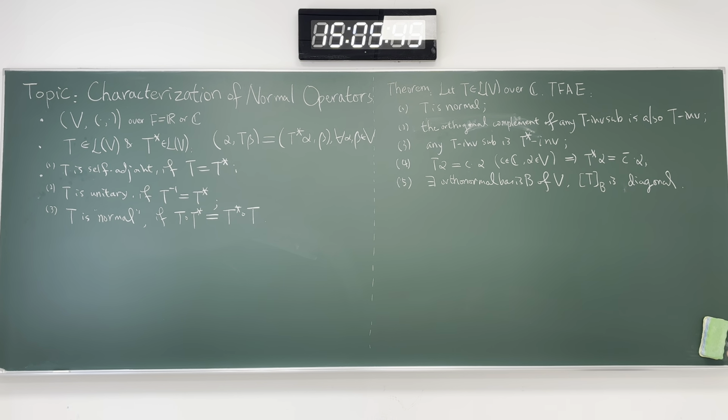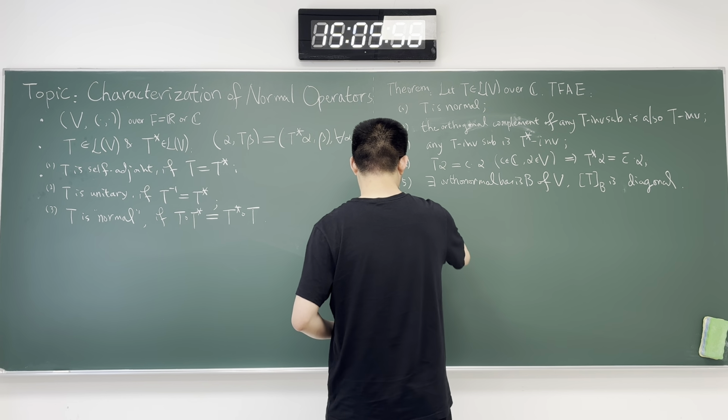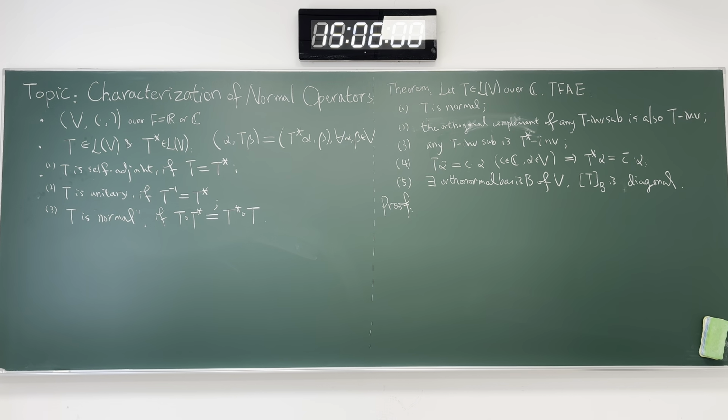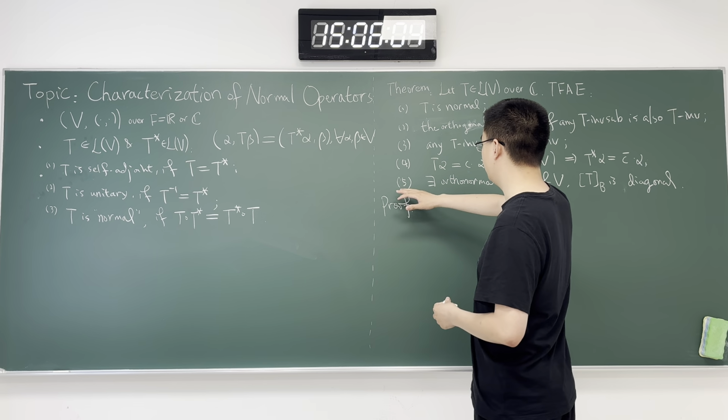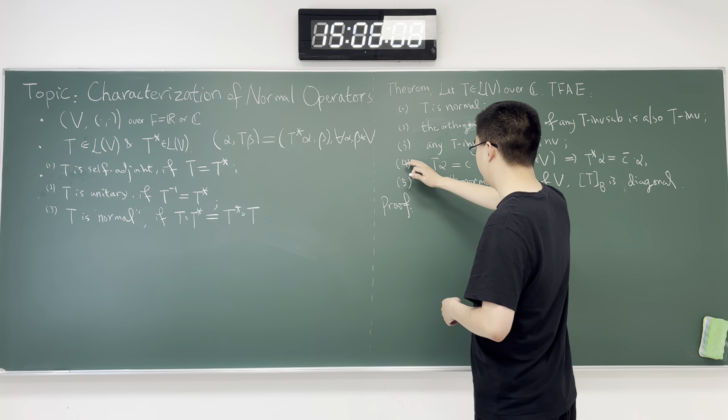We will first prove that the five statements here are actually equivalent to each other. We will follow the lines that the fifth implies the first, and the second, and the third, and the fourth, and finally back to the fifth.